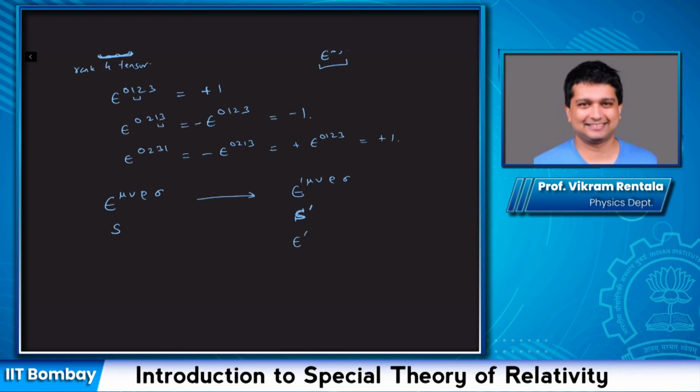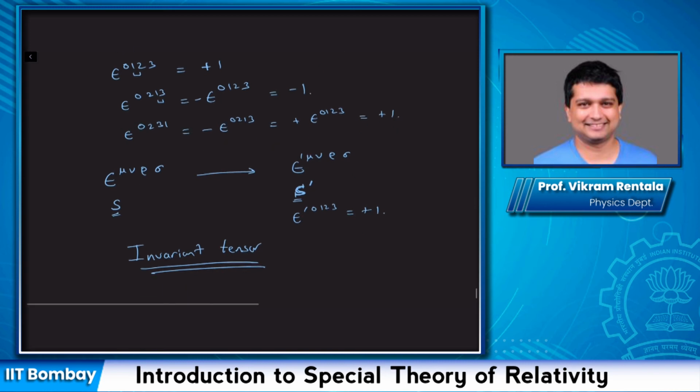That is, epsilon prime 0, 1, 2, 3 would also be +1, and so on. Okay, all the other components of this tensor would be exactly the same. So such a tensor where all the components stay the same no matter which frame you calculate it in is called an invariant tensor. That is, the components do not change from one reference frame to another.